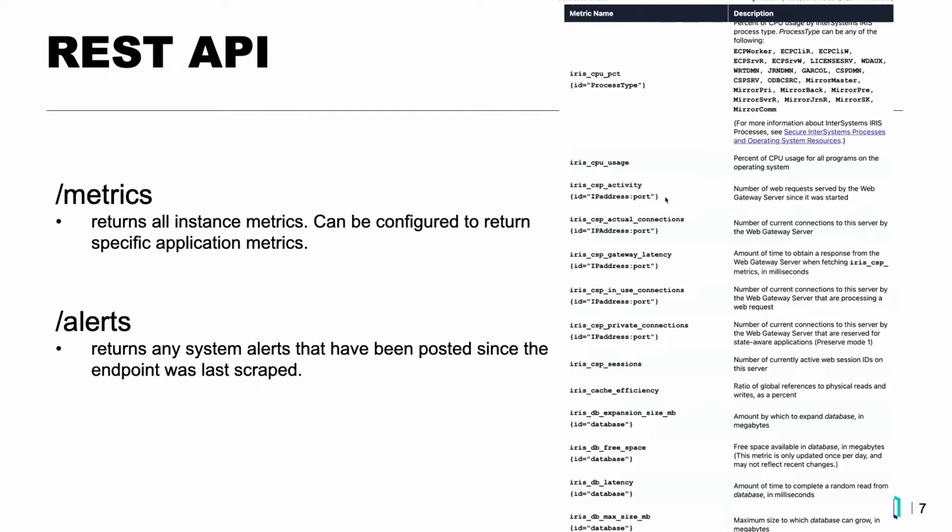So what does that give you? That gives you the ability to map together things that come from IRIS and from the operating system as well. So you could map Glorefs and CPU in one chart if you wanted to, and use your imagination after that. There has also been added recently SQL metrics and some other things as well.